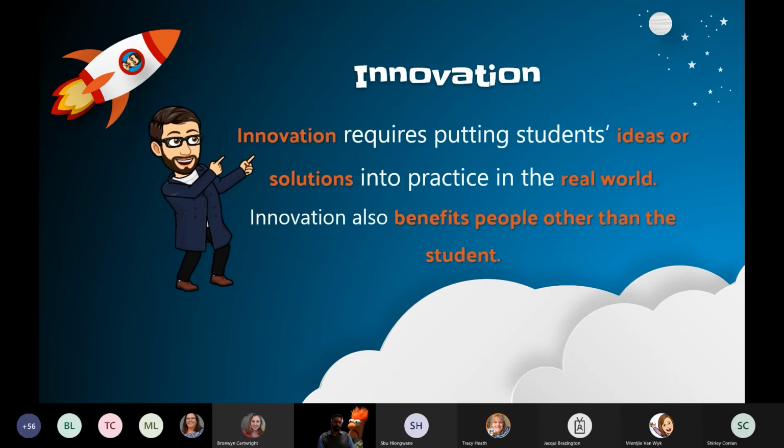And then quickly looking at innovation. Microsoft's viewpoint of innovation when it comes to 21 CLD is that innovation requires putting students' ideas or solutions into practice in the real world. So it's not just about coming up with great ideas and lofty concepts, but about saying, can you take that idea and go put it into the real world?